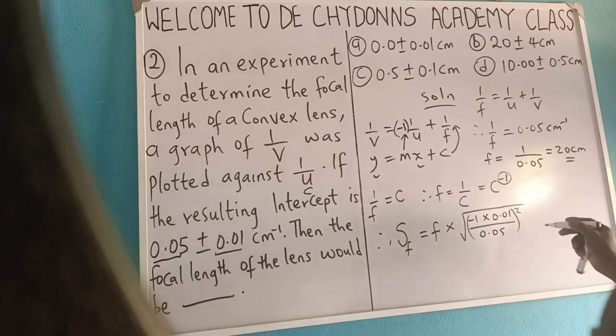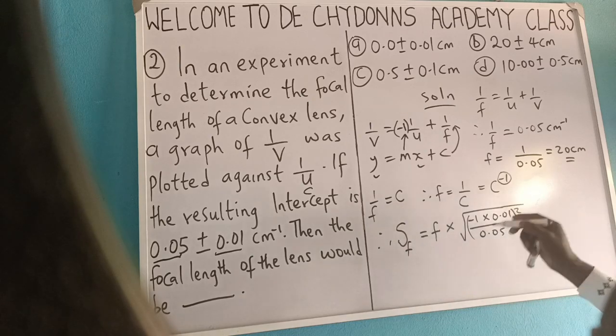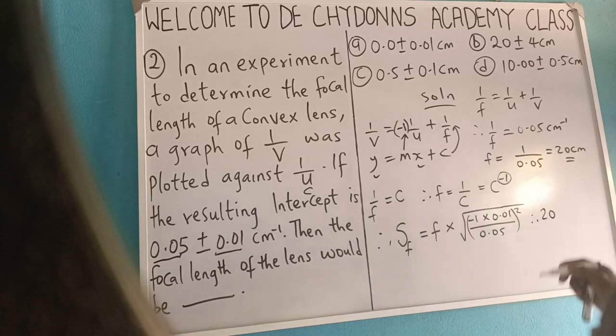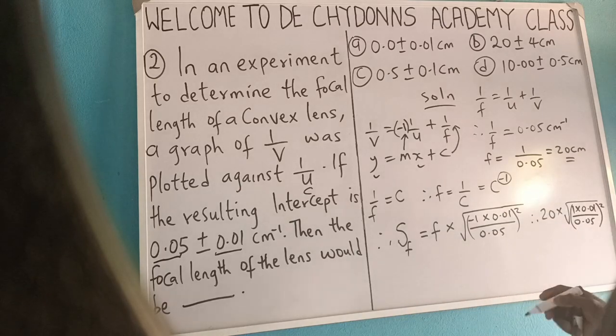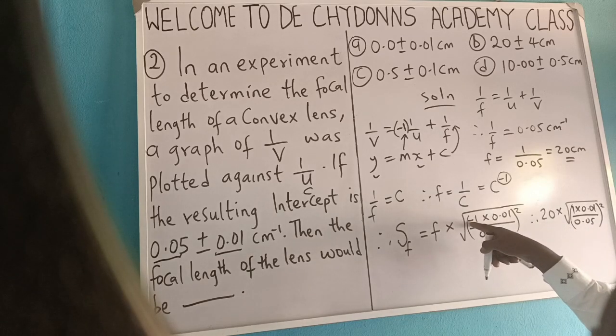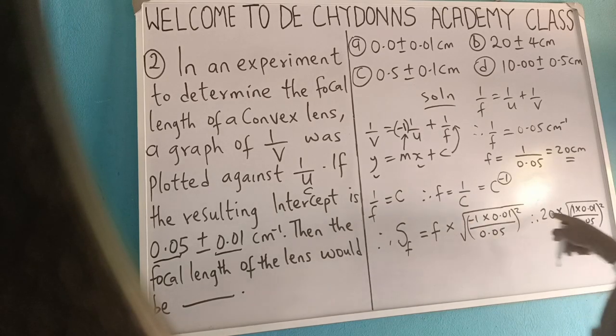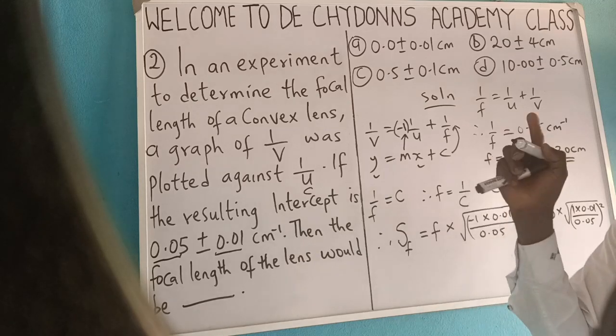So what we will be having here is f is 20, times the square root of minus 1 squared, which is 1, times 0.01 over 0.05, squared. With this power of 2, we have cleared the minus, because minus 1 times minus 1 is 1.